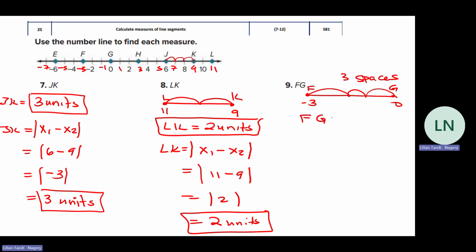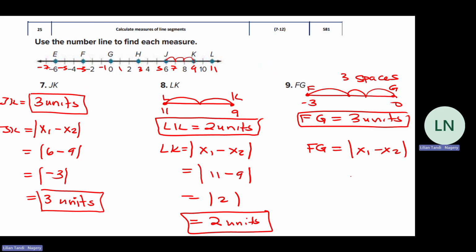F to G is 3 units. Box your answer. F to G equals x1 minus x2 inside the absolute value. Absolute value of negative 3 minus 0 equals absolute value of negative 3, which is 3 units. Again, remember, distance should never be negative.